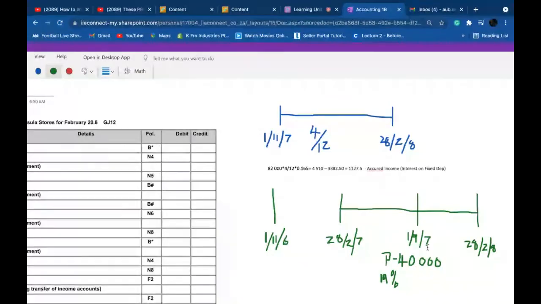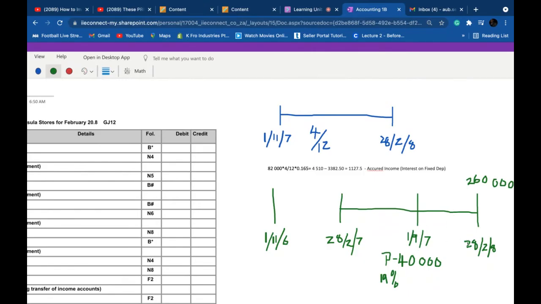Okay, but that information, remember, we're taking it from the pre-adjustment trial balance, and that pre-adjustment trial balance was here on the 28th of Feb. So this 260 is the balance of the mortgage on 28th of Feb. Now you begin to ask yourself, why did they tell us that we paid 40,000 on 1 September?